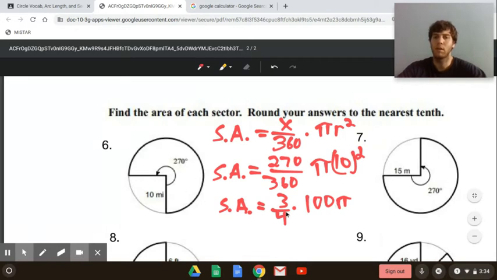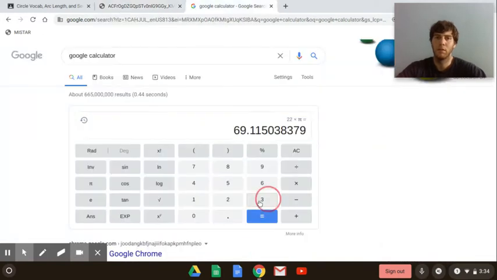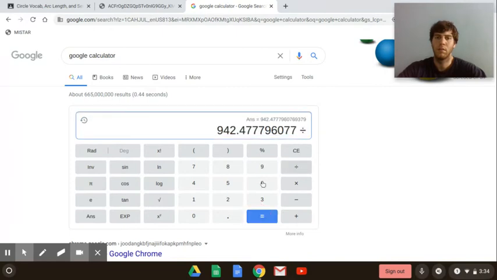So we do 100 pi times 3/4, which is basically 300 pi divided by 4. They want us to round to the tenths place, so 1 decimal, which gives 235.6.